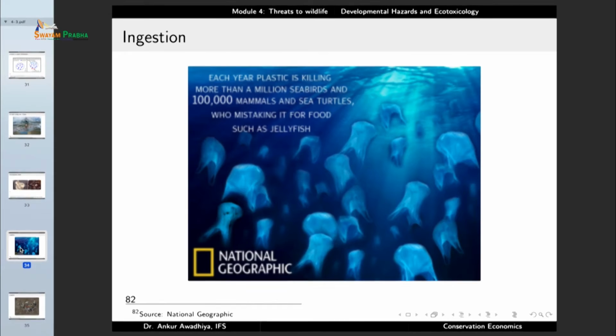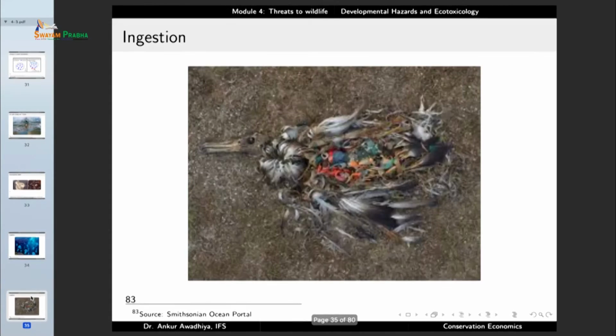So an animal that eats jellyfish might try to eat these plastics. We have seen instances of birds where the parents bring plastics to feed their chicks, mistaking these plastics to be fish. Because of that, the whole alimentary canal of the bird gets choked, and the bird dies of starvation.